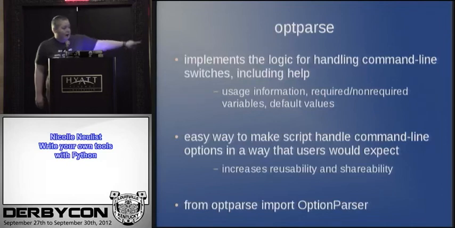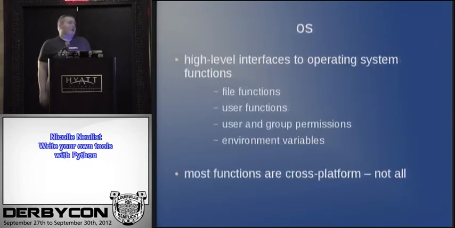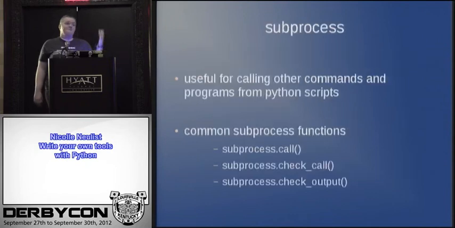I generally do from optparse import option parser, and as we'll see later in this talk, I've got an example of a script that I wrote which uses option parser, and you'll see how the syntax goes.